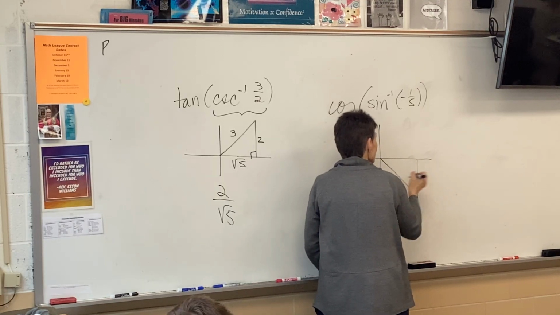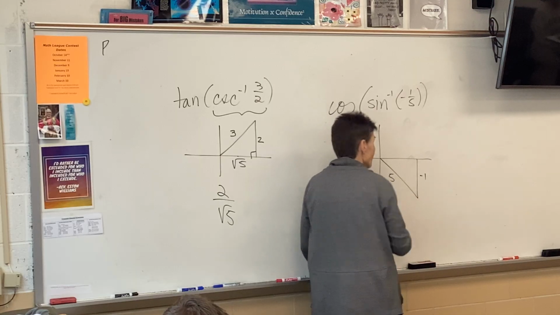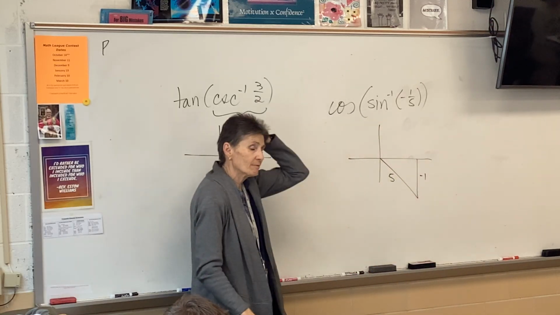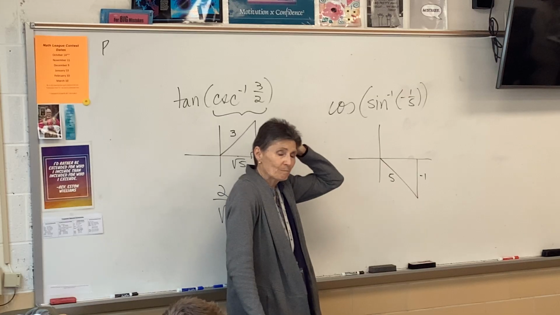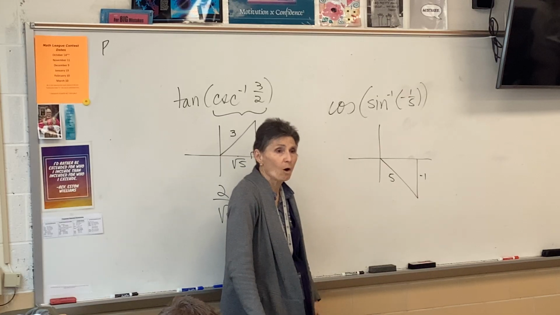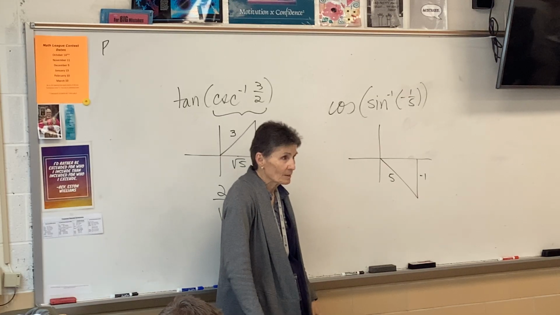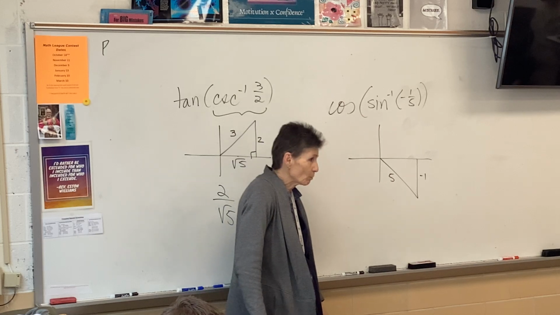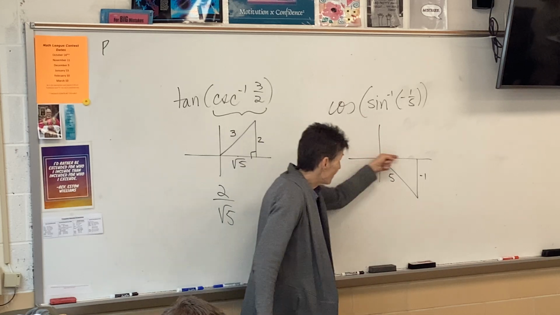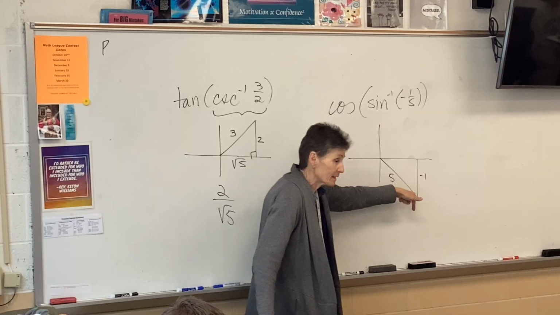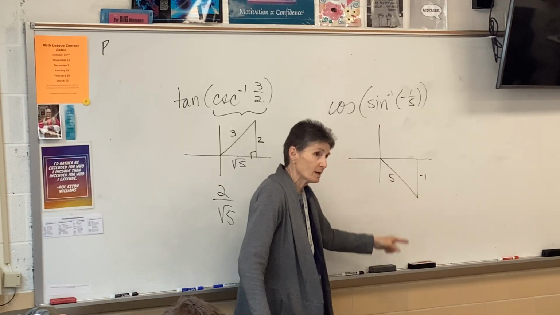And the opposite is -1 and the hypotenuse is 5. Please remember that the hypotenuse is always positive. The hypotenuse will never be negative. That can be negative and that can be negative, but that will never be negative, okay?